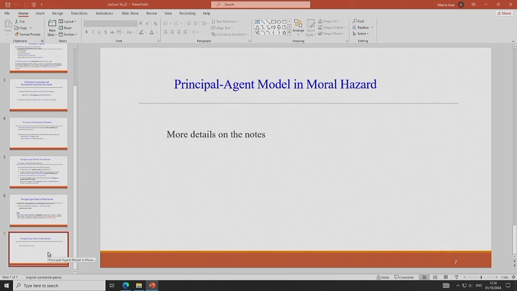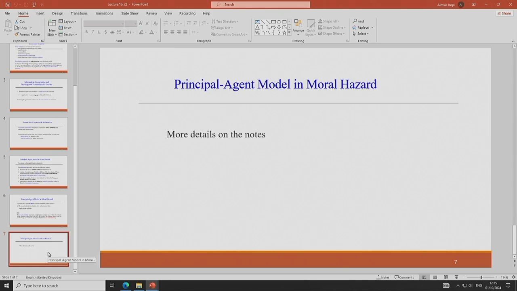So, the reason why the principal faces a maximization of utility constrained by these two constraints is because it has to find the right balance between insurance and incentives.